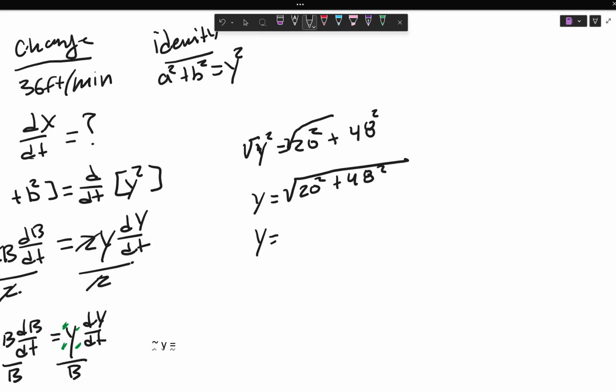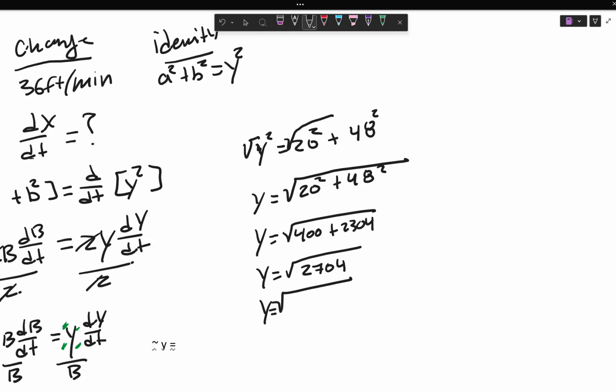y is equal to, I have to get a calculator, 20 times 20 is 400, so the square root of 400 plus 48 times 48, 2,304. Adding that together would be 2,704.